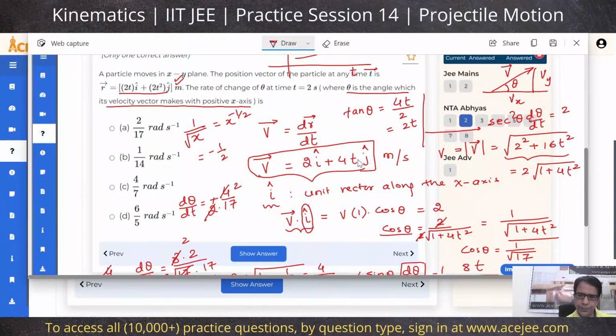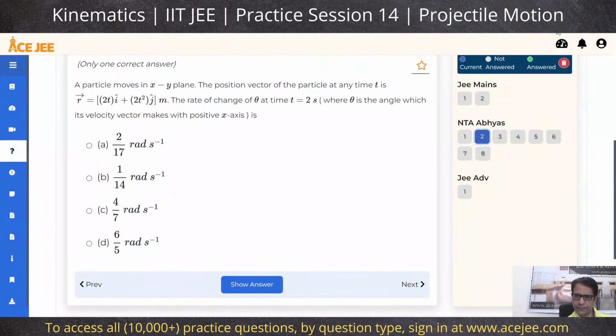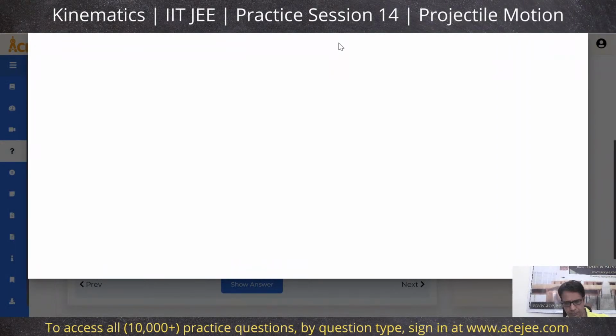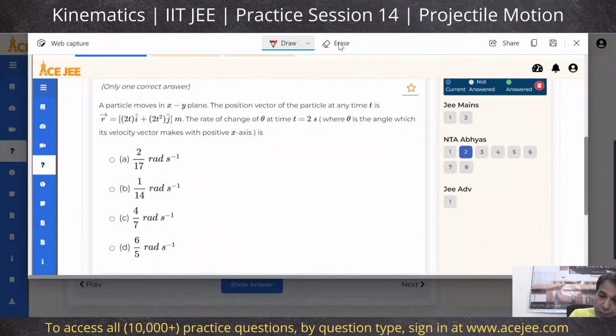Sure, beta, sure. So let me erase this all and let's redo it. So we have the position vector as r is equal to 2t I cap plus 2t square j cap.